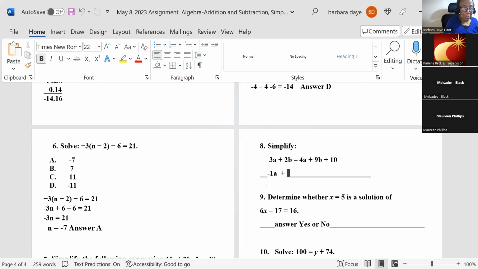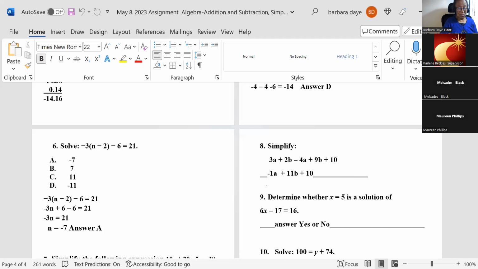And that gives you what? 11b. That's right, you had it right. And then the constant. Okay, so you have plus 10. That's your answer. But it should be a minus 1. You had a plus 1.